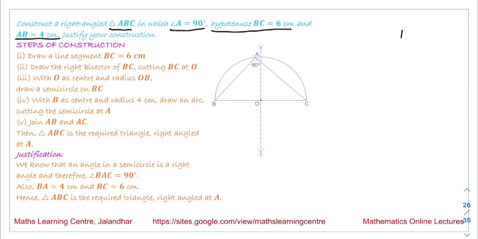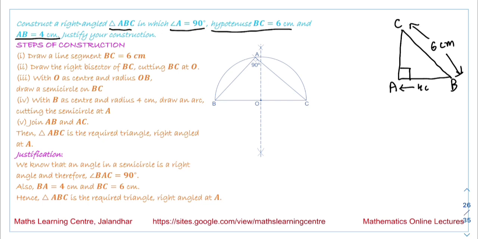So one way to construct this triangle is that we can find the measure of this length AC using the Pythagoras theorem, and we can construct this triangle. And another way to do this is as follows.